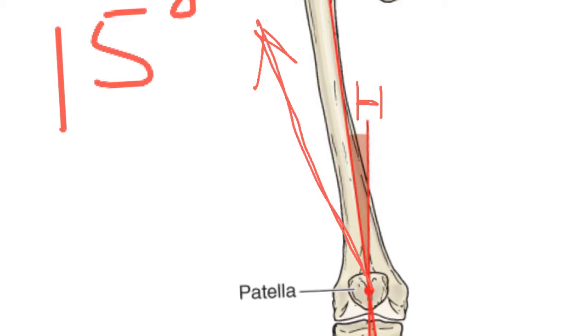This predisposes someone to, what do you think, a genu valgum or a genu varum? Yes, a large Q angle would predispose someone to genu valgum, and you could think about how that might increase pressure on the lateral aspect of the knee.